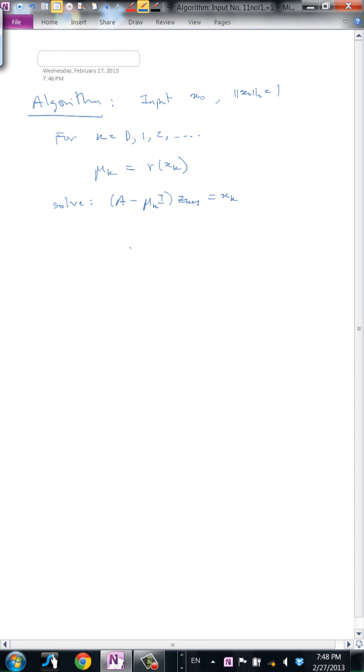You can see this basically means that I'm inverting A minus mu k I and multiplying x_k by that. That's what z_{k+1} is equal to. And then finally just normalizing, so z_{k+1} divided by its norm. So this is exactly the power iteration using (A minus mu k I) inverse.